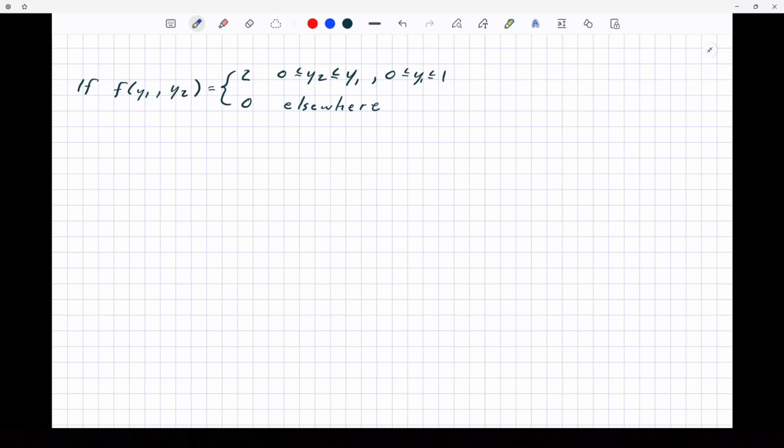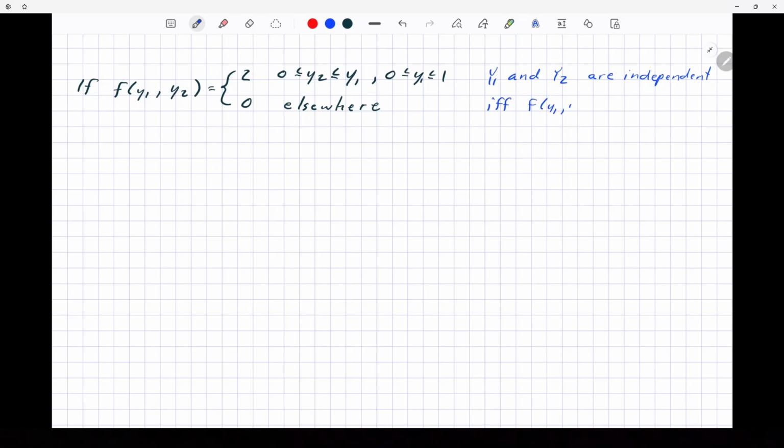Now, you may recall that independence is a very strong idea. y1 and y2 are independent if and only if, the strongest sort of statement we can make in mathematics, the following is true.